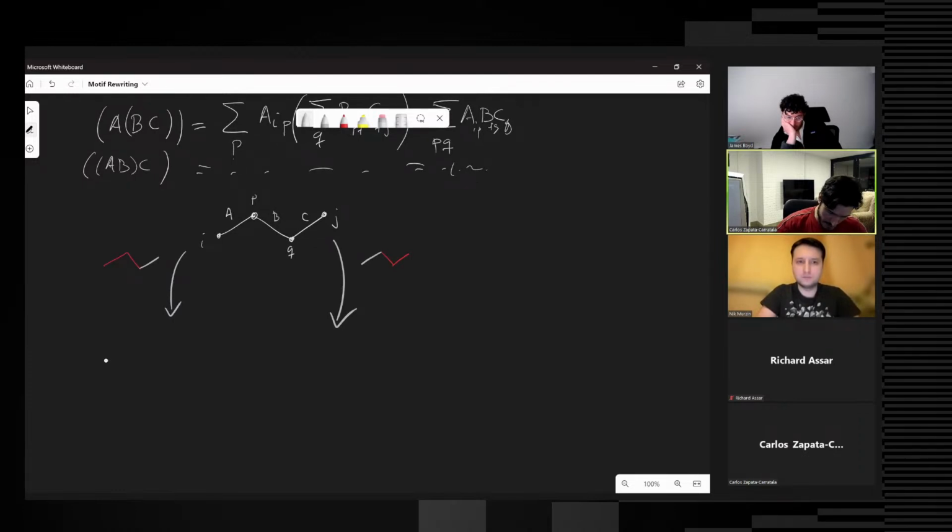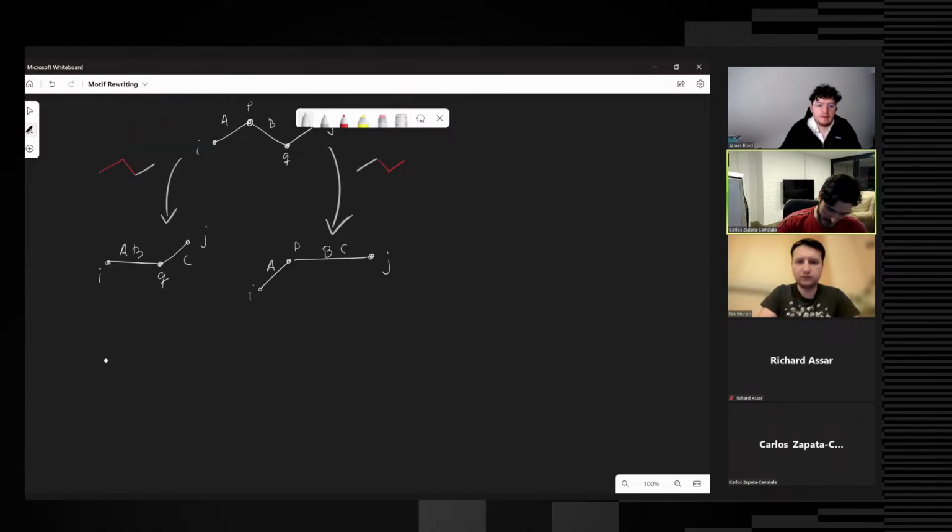The first one obviously takes AB, and so it gives me this kind of diagram, QJ, CI, and this is now AB. This one here gives me IP for A and J for BC, right?